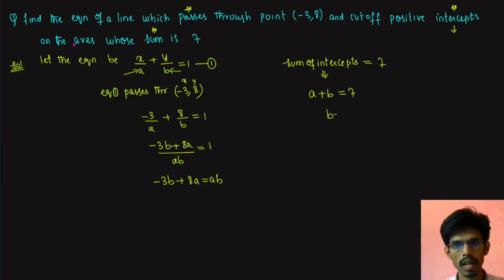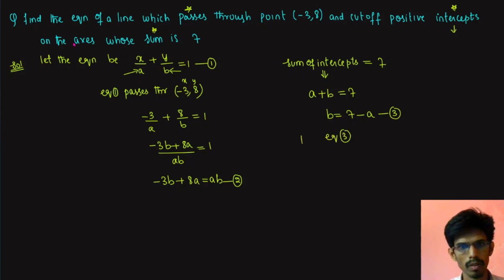Now from here I am taking b value as 7 minus a. Now let us take this as equation 2. Now put this b value, that is equation 3, in equation 2.